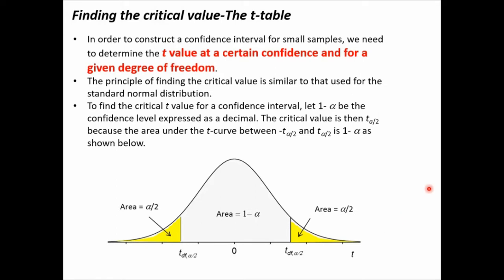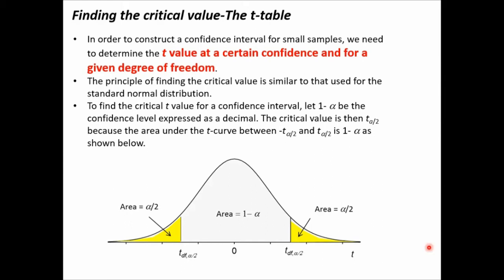Just as we did in the previous session, in formulating the confidence interval, we had to find the value of Z at the confidence level that we established, 95% or 99% or 90%. We will basically do the same thing with the t distribution.